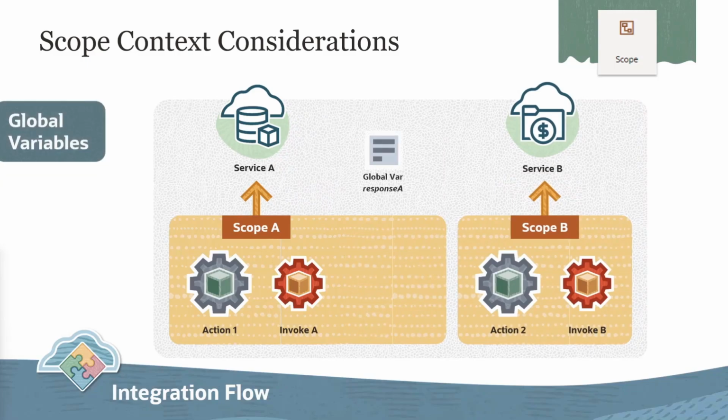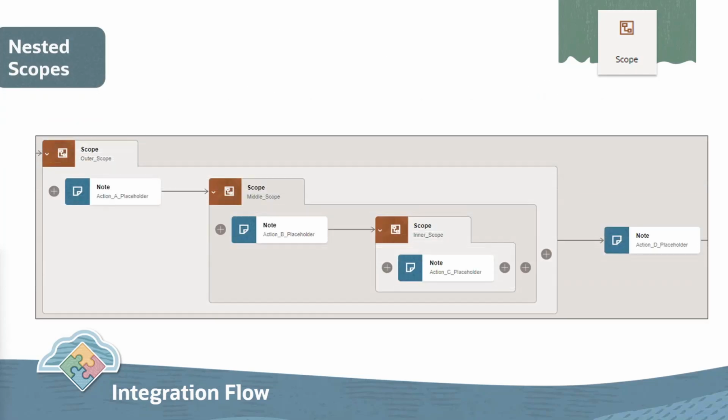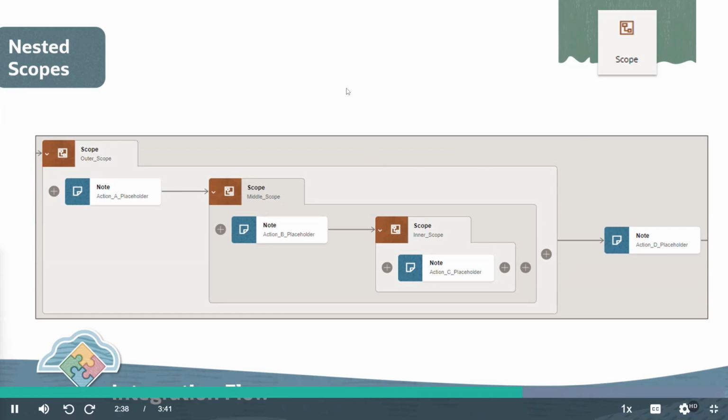So the most common solution is to create one or more global variables which are scoped to the entire integration instance. Then configure a data stitch or an assign action to append those local variables values or message data values to the global variable.